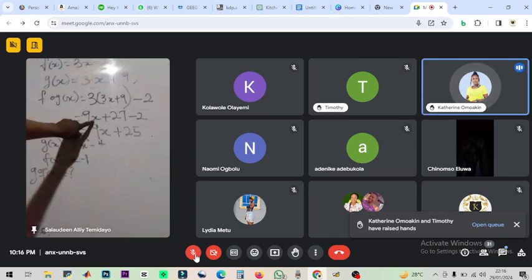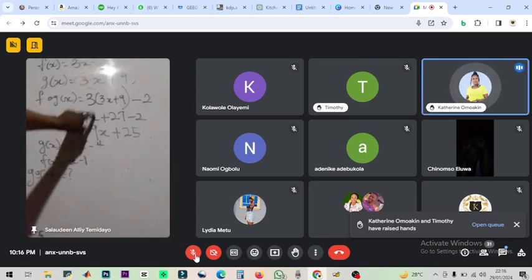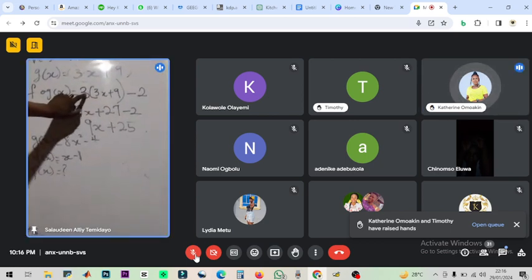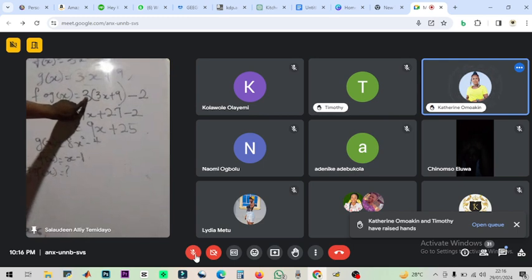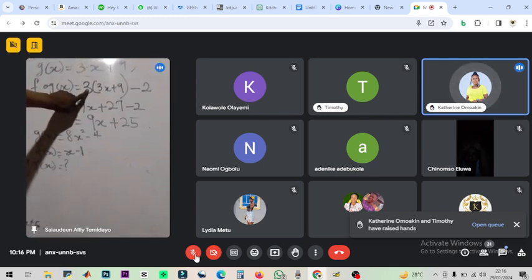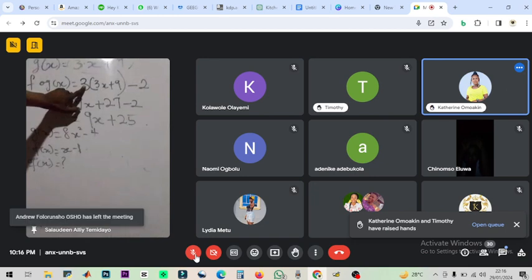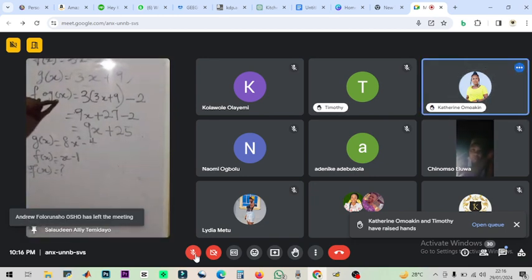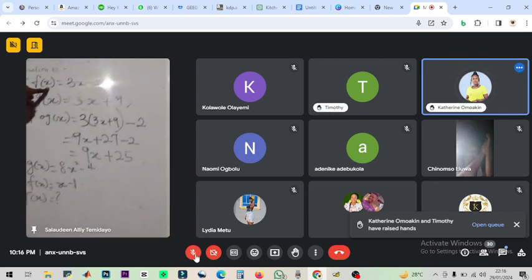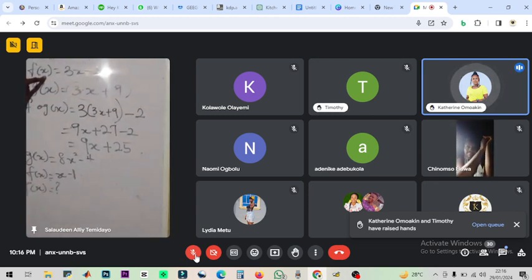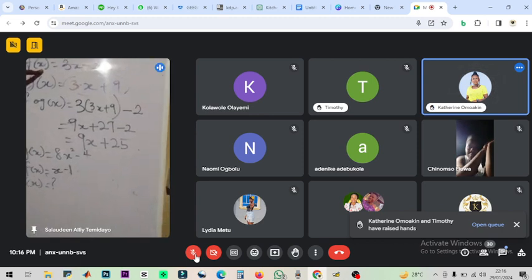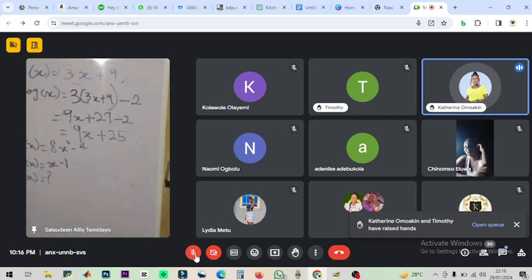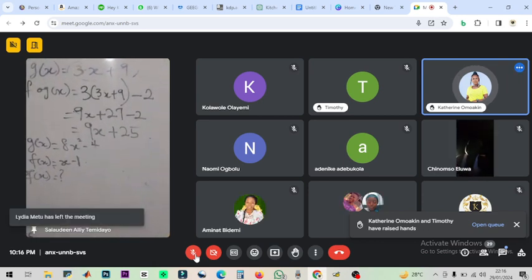I think it should be 3x squared. I'm talking about f of x, the first question. We have 3x minus 2, right? And when you are breaking it down here, I'm only saying 3x. So that x is eliminated.